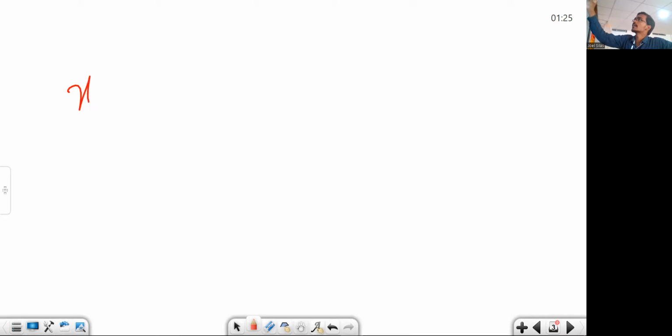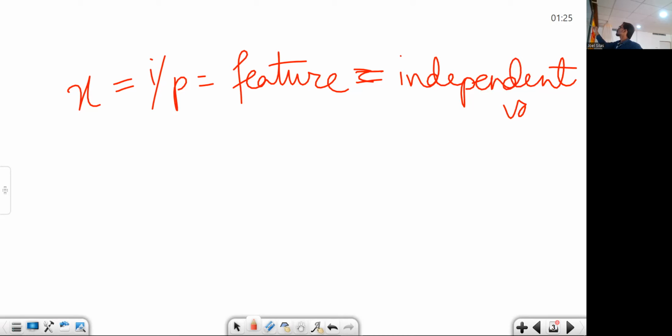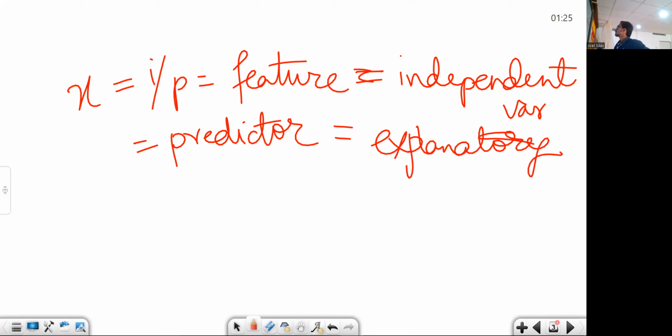Now, certain names like x can be called as input or feature, or you can call it as independent variable, or you can call it as predictor, or you can call it as explanatory variable.